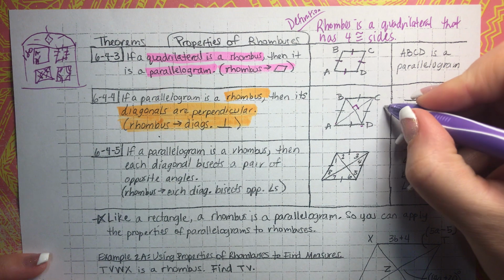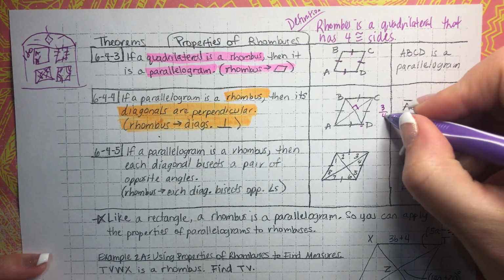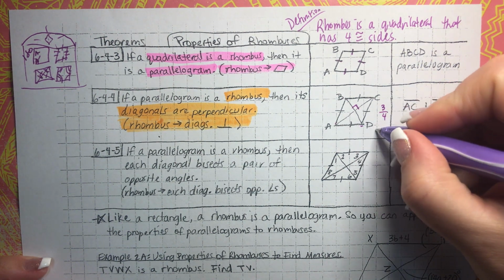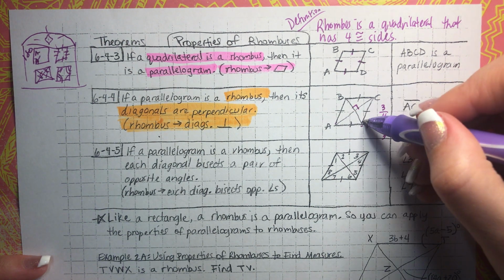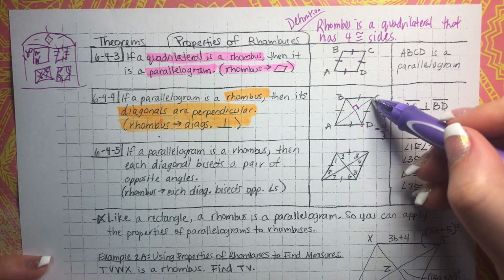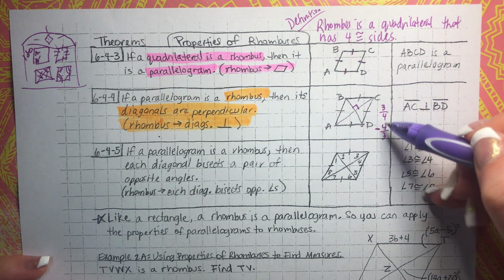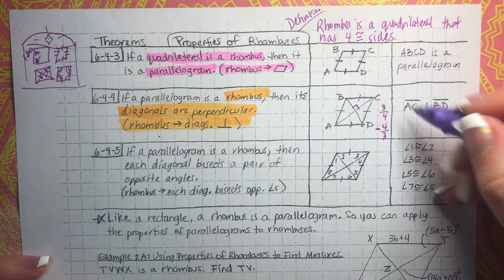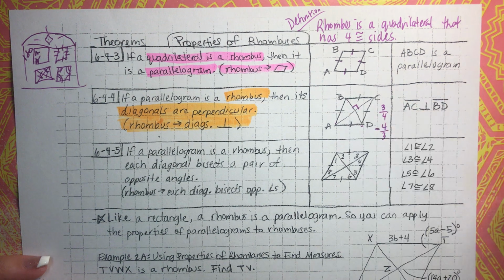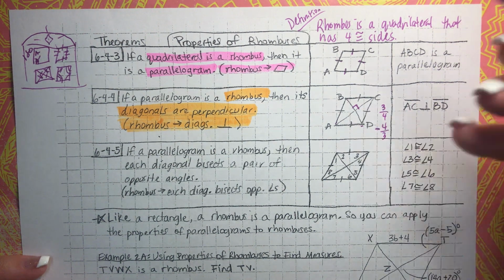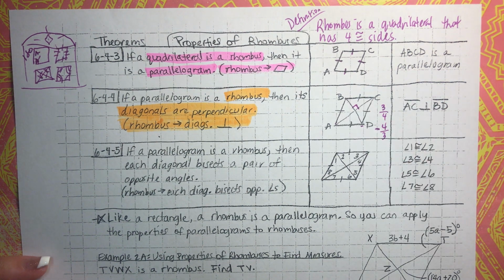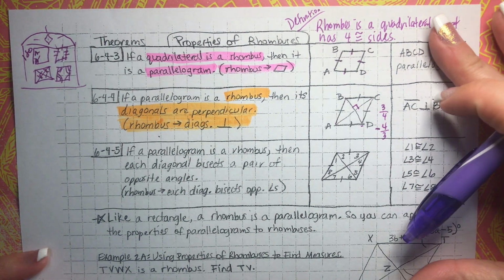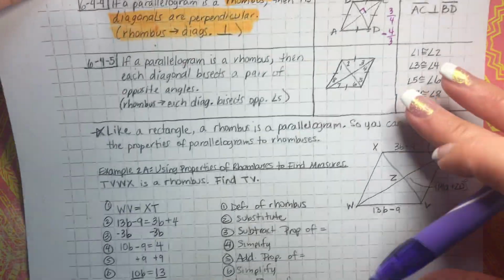So if the slope of one is 3/4, then the other one would have to be negative 4/3. Then you know that they're opposite sign, reciprocal, and they would be perpendicular. And so what this is saying is, if the diagonals are perpendicular, then you know it's a rhombus. That is fun. Okay, on to the next one.